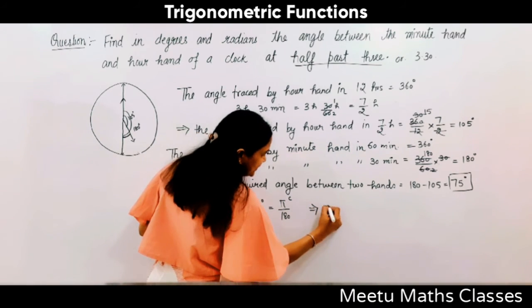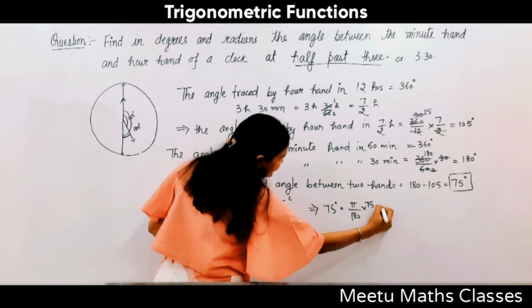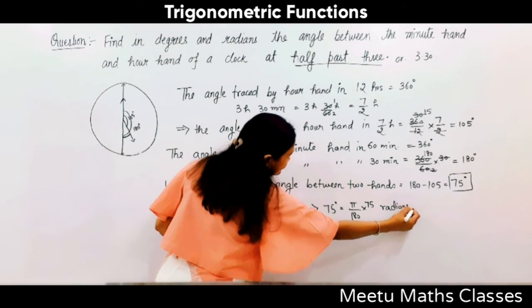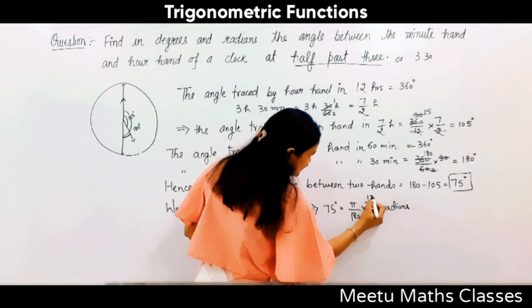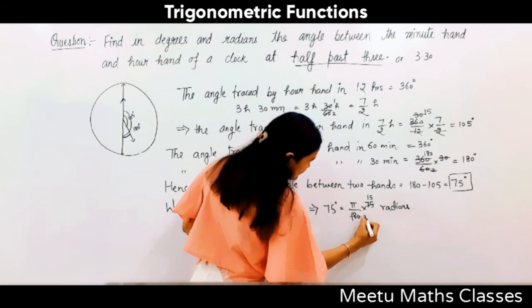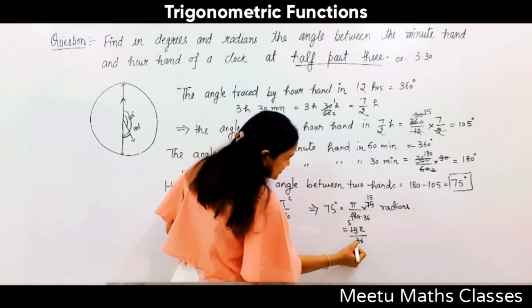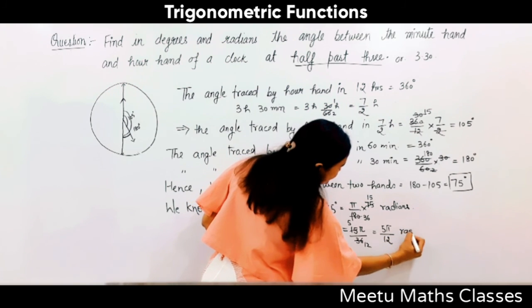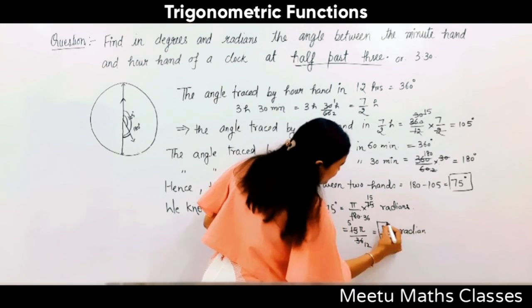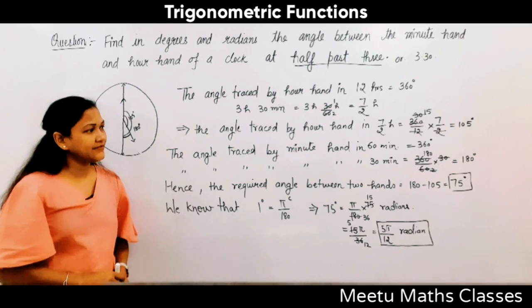So 75 degrees can be written as pi by 180 multiplied by 75 radians, and this will be 15 pi by 36, or we can reduce it further, that is 5 pi by 12 radians. So the angle between the two hands in radians is 5 pi by 12 and in degrees it is 75 degrees.